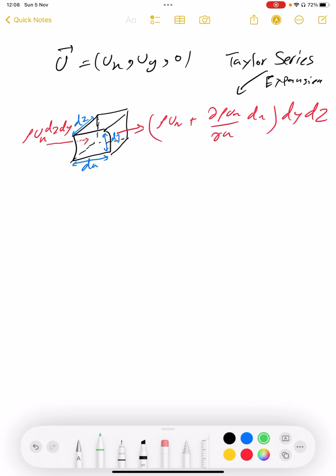Okay, I can do the same in y direction. So I'm using the green color now.